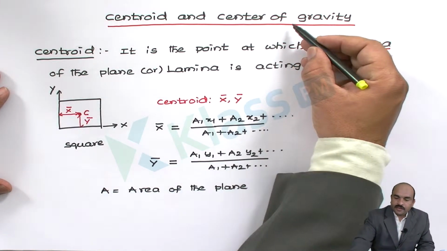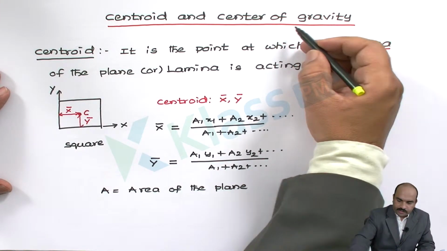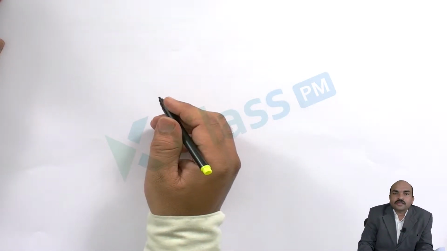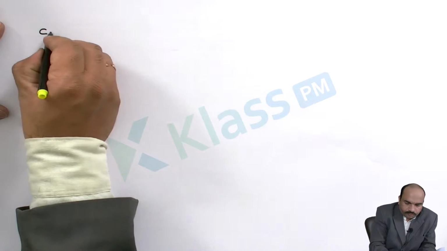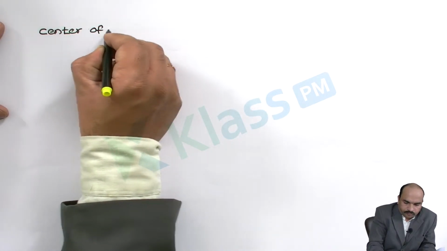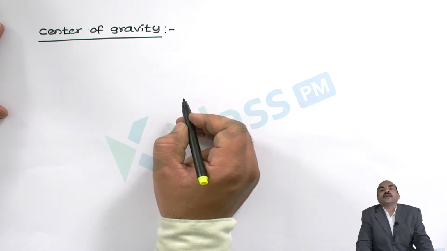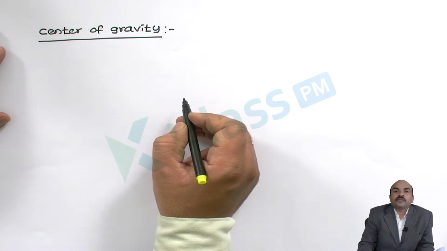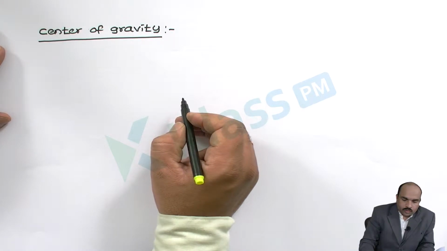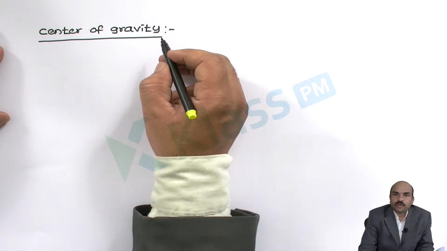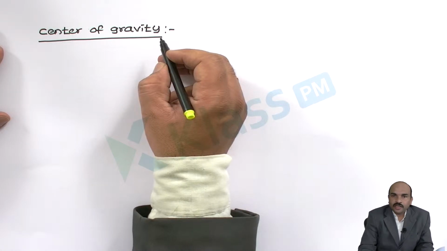Now let us see the second definition, that is center of gravity. Center of gravity will be used for solid objects. Center of gravity can be defined as the point at which the total volume or total mass or total weight of the object is acting.